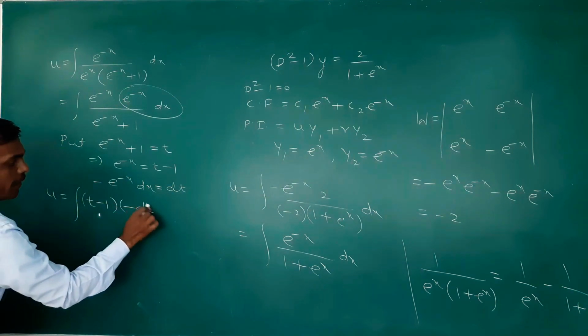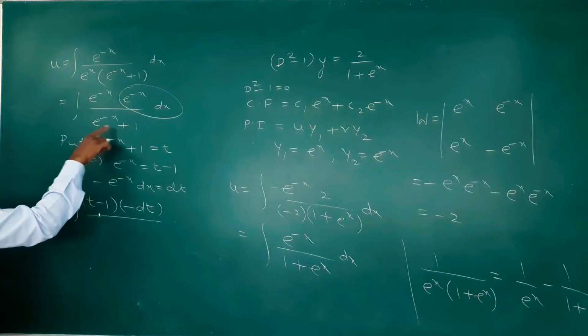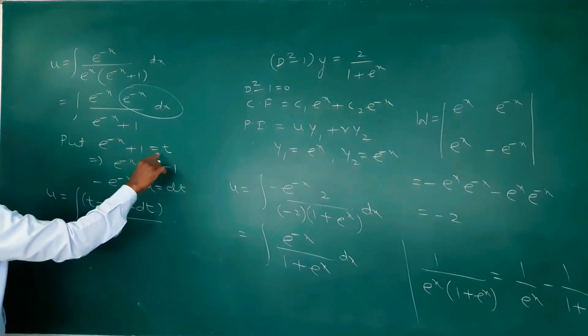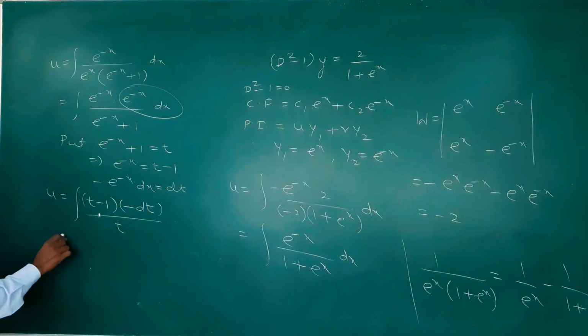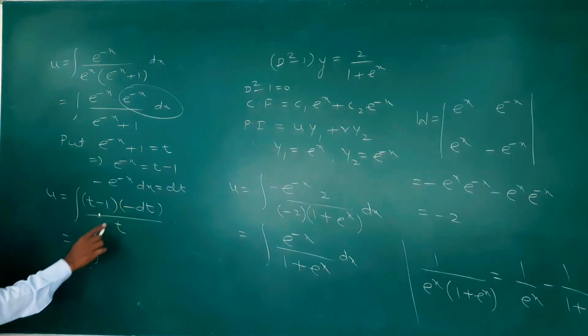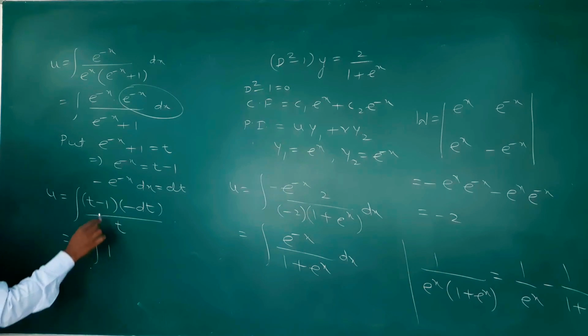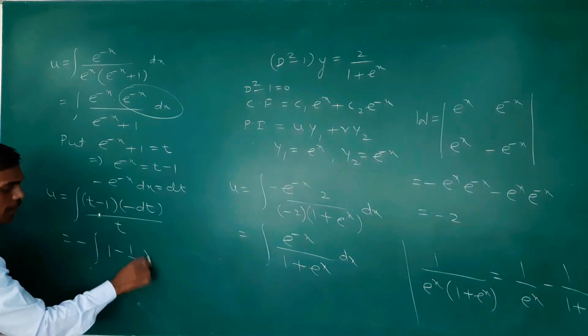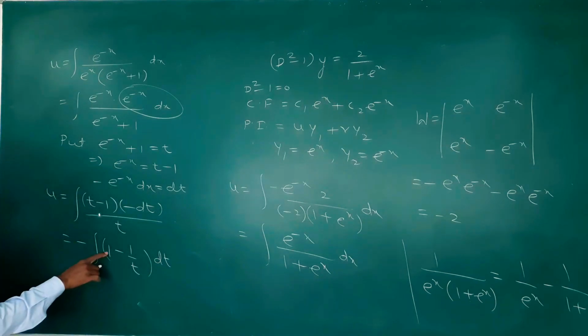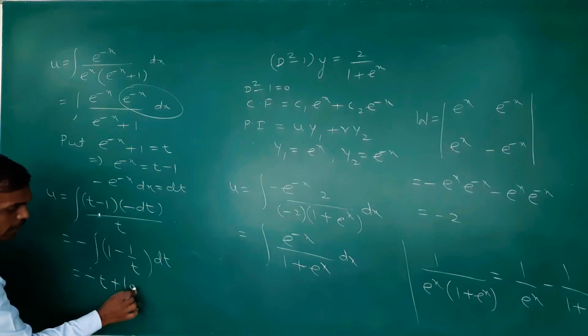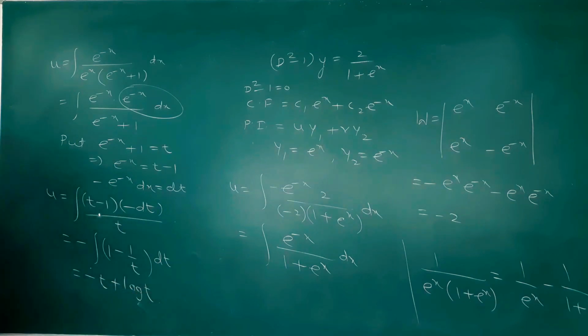So minus dt divided by e raised to minus x plus 1, which is t. Divide separately. So I get here minus, this minus sign, t upon t is 1, minus 1 upon t, dt. So our answer is minus the integration of 1, which is t, minus minus, plus ln of t, or you may call it log t.